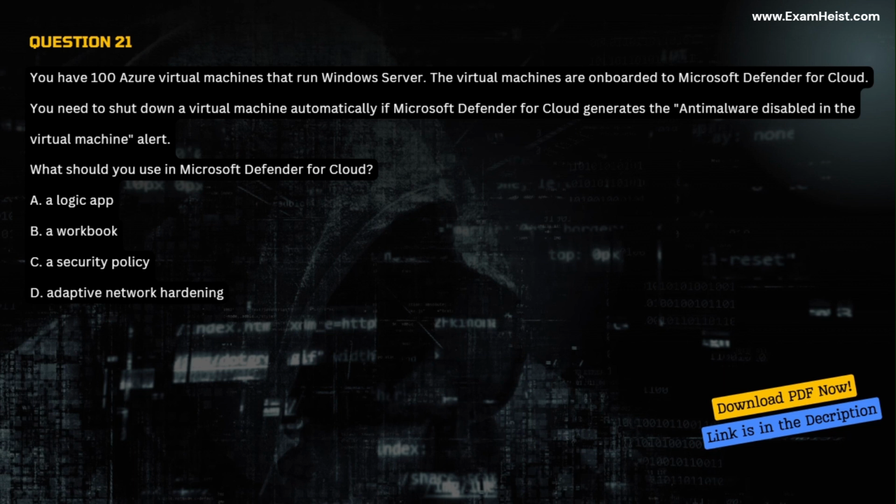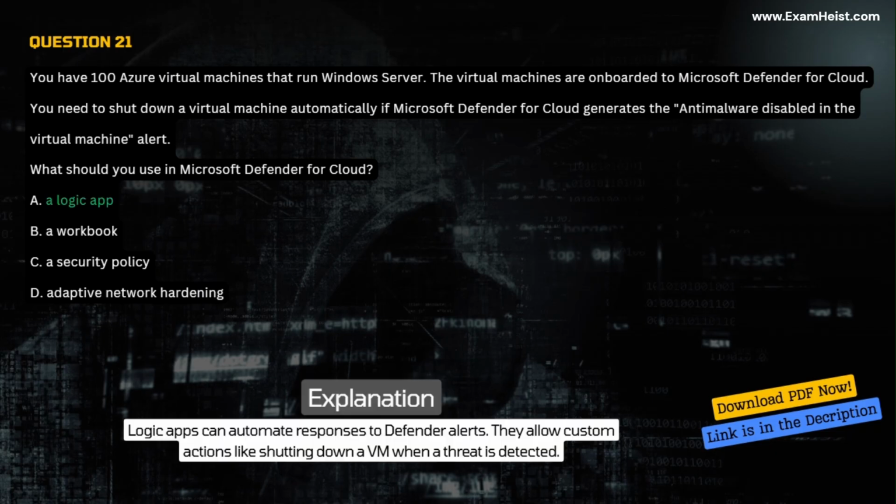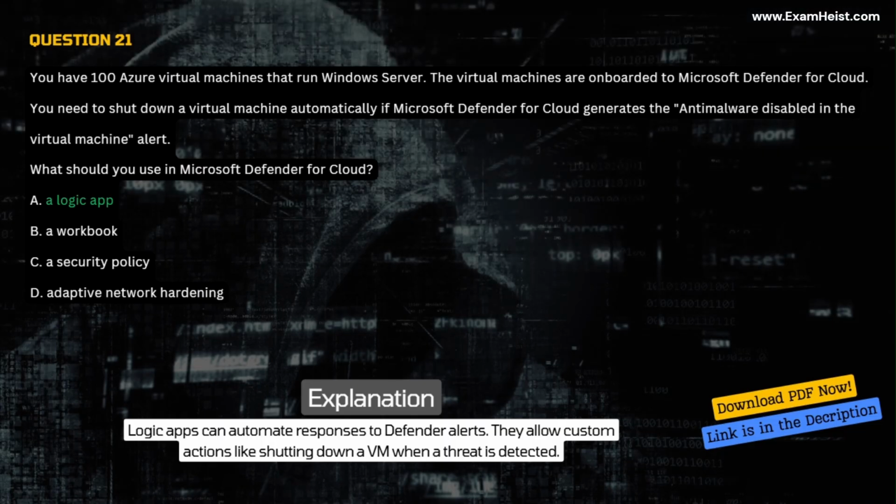A. A logic app. B. A workbook. C. A security policy. D. Adaptive network hardening. Correct answer A. A logic app. Explanation. Logic apps can automate responses to Defender alerts.